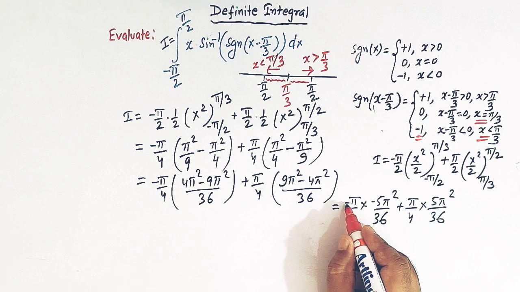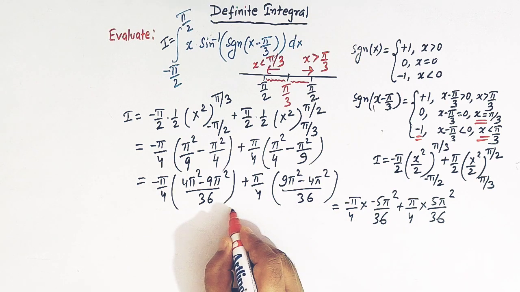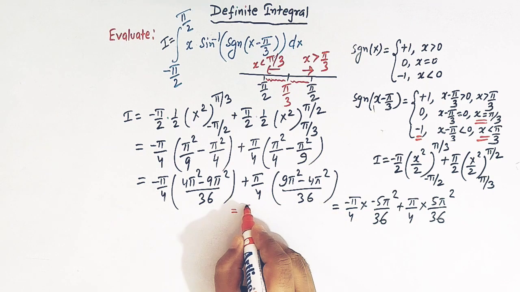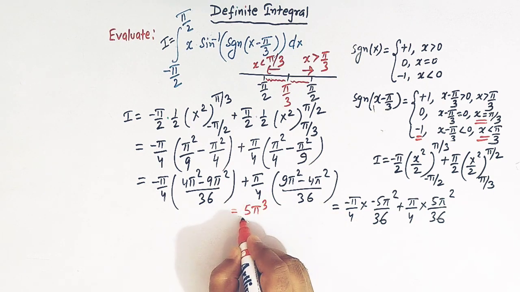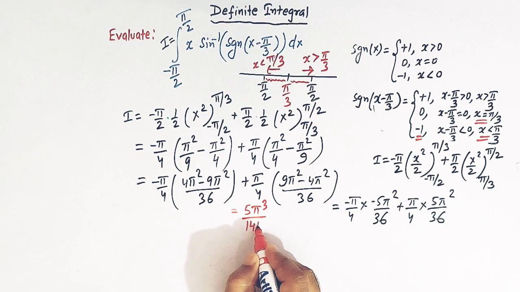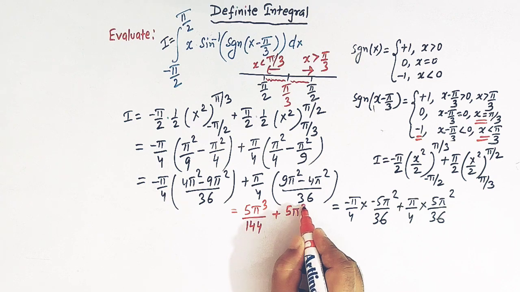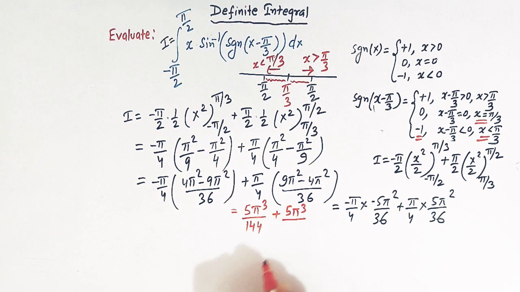So now minus times minus is positive. Multiplication of these two terms gives us 5 pi cube over 144. And here also we have 5 pi cube divided by 144, right?